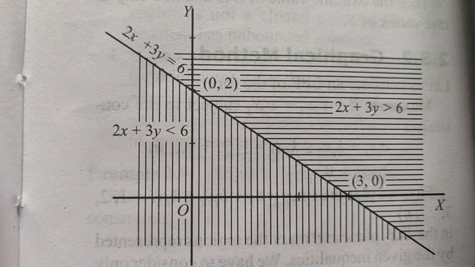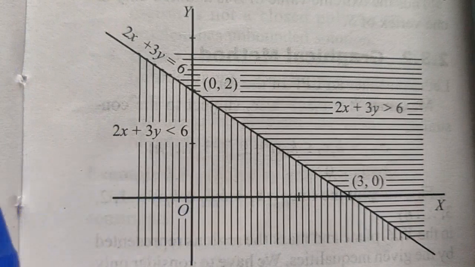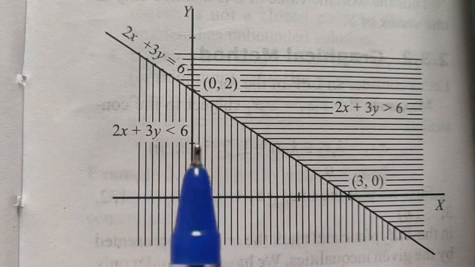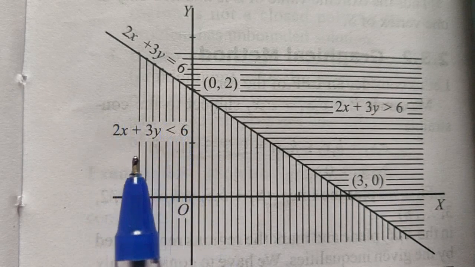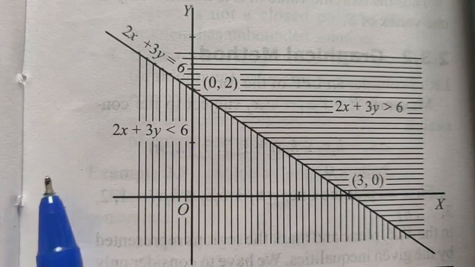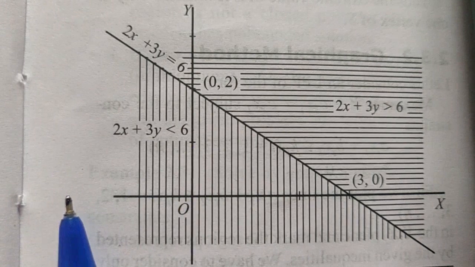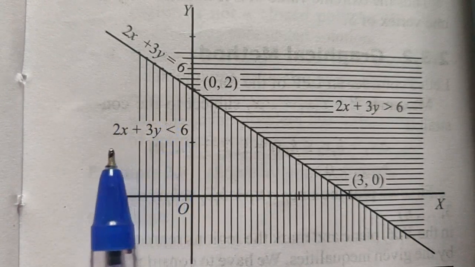Now suppose your 2x plus 3y is less than 6. That means any point (x1, y1) should be in that region which will satisfy this inequality, 2x plus 3y is less than 6. And that will be the region. How to identify this region is very easy.